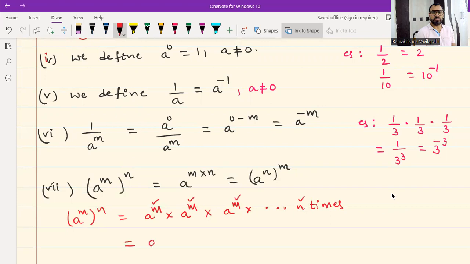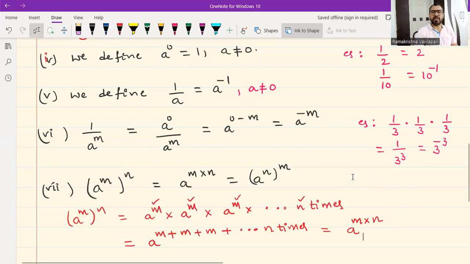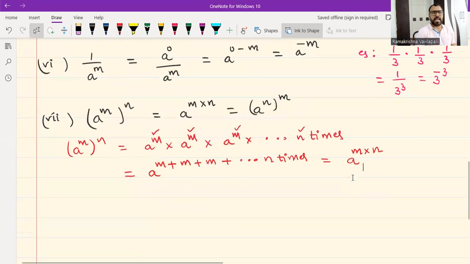So this is equal to a to the power of m plus m plus m and so on. We have to add the same quantity n times. So we can write that m into n.